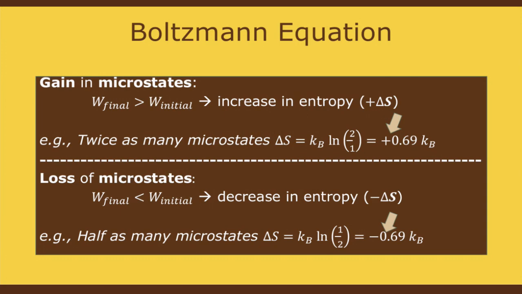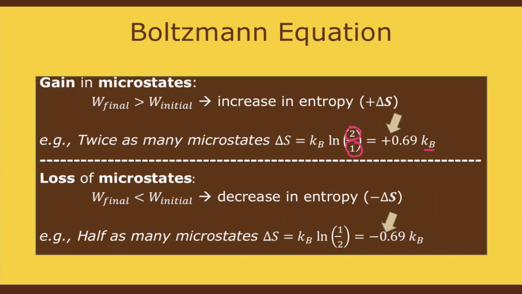The way we would do that is there's twice the number, so 2 would be in the numerator, and 1 would be in the denominator. If you calculate that out, you get 0.69 times Boltzmann's constant. And that is the change in entropy, how much more entropy there is.